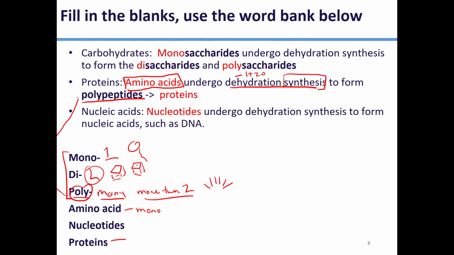Many more than two are going to produce our proteins. Then finally, nucleotides undergo dehydration synthesis to form nucleic acids such as DNA. Remember, a nucleotide is going to be our monomer. Dehydration synthesis, remember, is minus water. Synthesis is going to be to make. So we're taking a bunch of our monomers and putting them together to produce things like DNA.